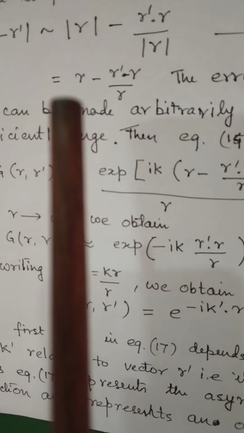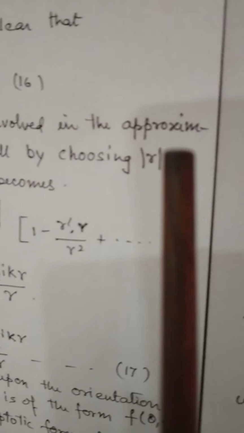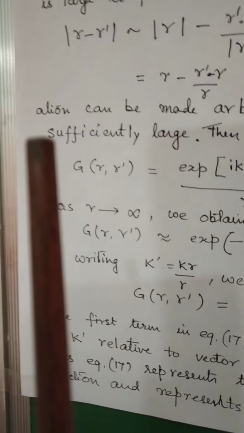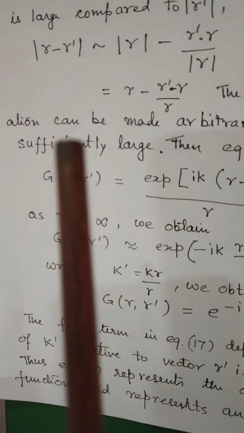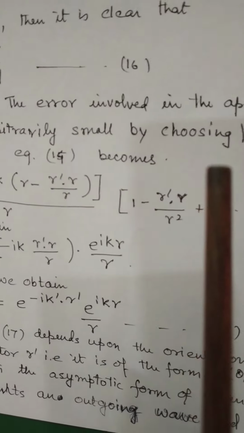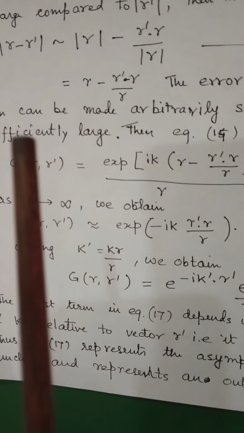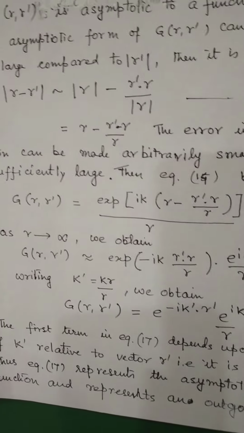Let it be equation number 16. Now, which is equal to r minus r dash dot r upon r. The error involved in the approximation can be made arbitrarily small by choosing the absolute value of r sufficiently large.